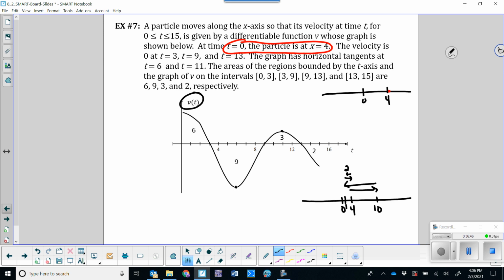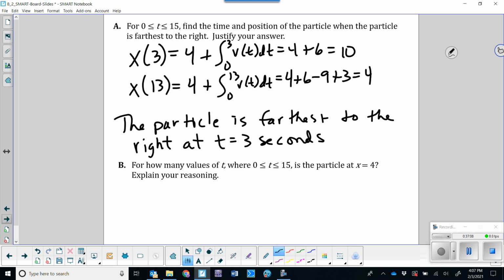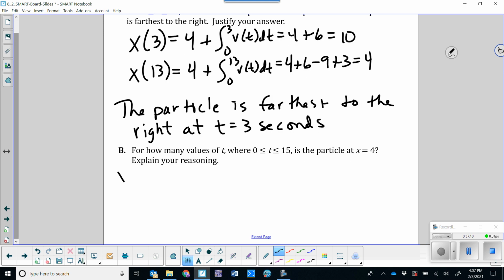Well, we know it has to equal 4 by the intermediate value theorem. If it's less than 4 and then greater than 4, it has to equal 4 at some point. So it has to go through that position, okay? So some things that we know that can help us answer that, okay, is that we know x of 0 is 4, so that's one time.